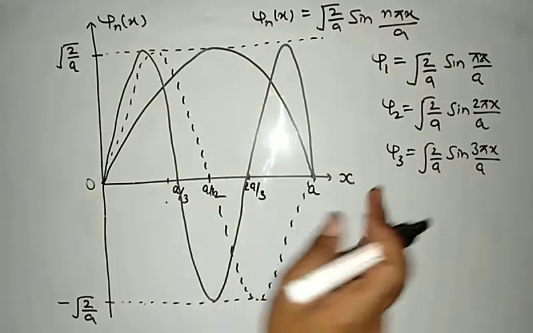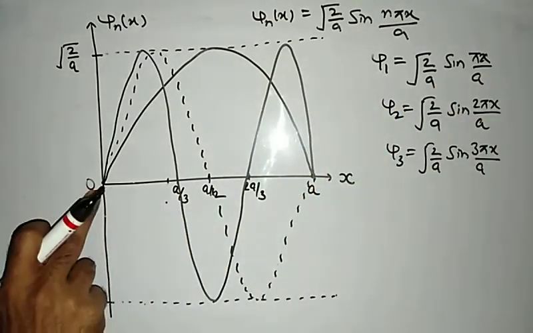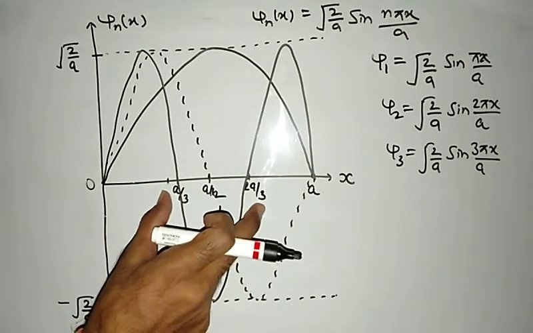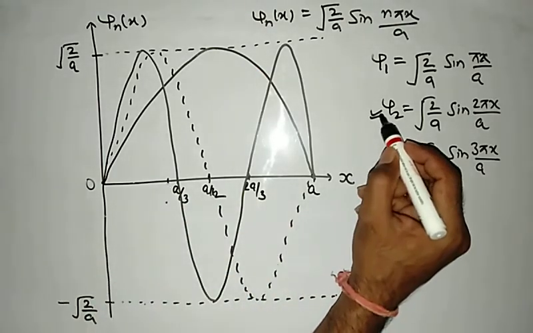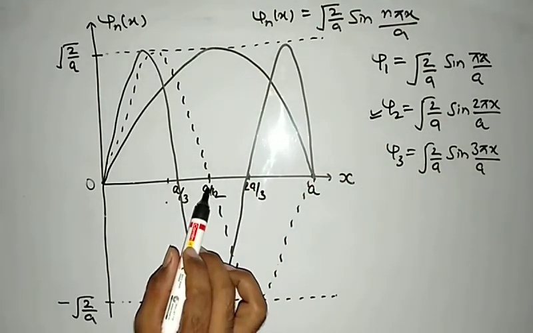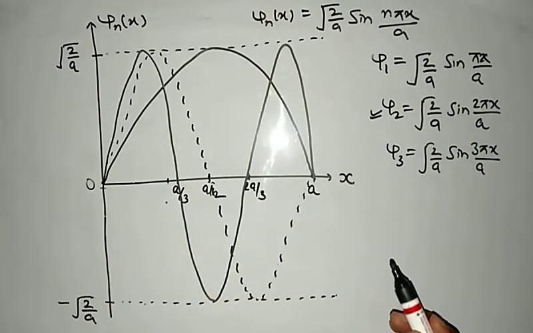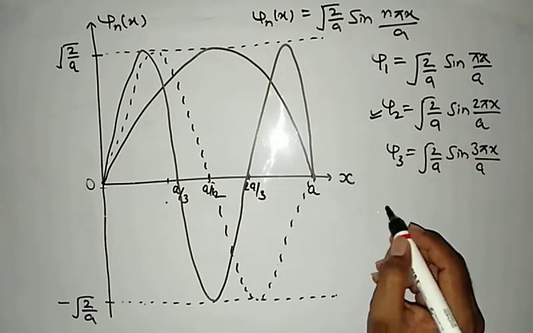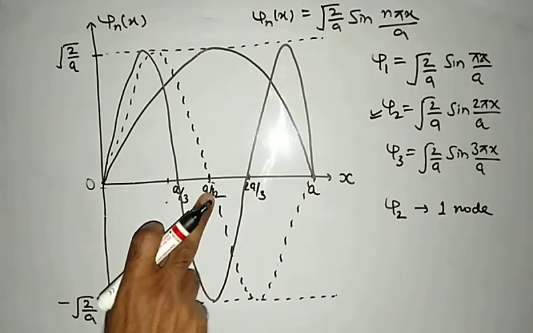So what do we see here? Obviously these are nodes, and here we again have nodes. These are the nodal points for psi 2. For psi 2, we have one node here. There are nodes at 0 and a for all wave functions, because particles will reflect at the walls. But for psi 2 we have one node at this point.